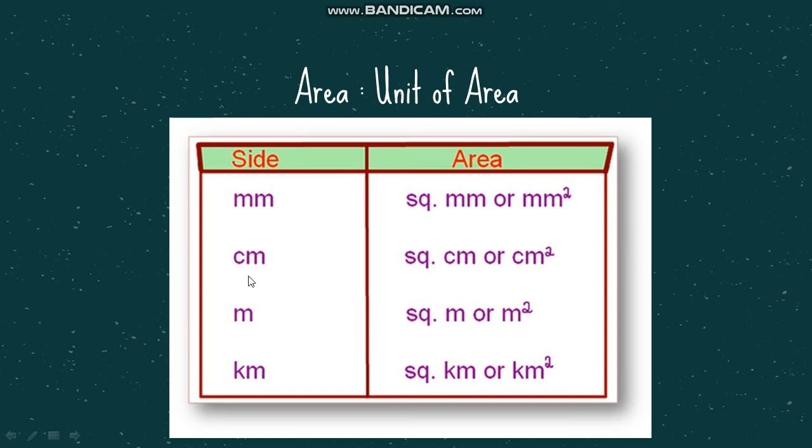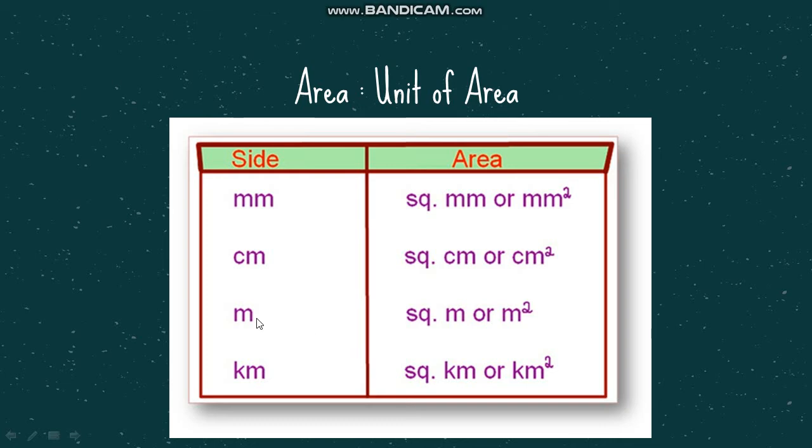If it's a little bigger, then you say centimeter. Millimeter you can use for a very tiny object, centimeter you can use for your notebook, your laptop, or something smaller, or your drawer. It is mentioned as square centimeter or centimeter square.